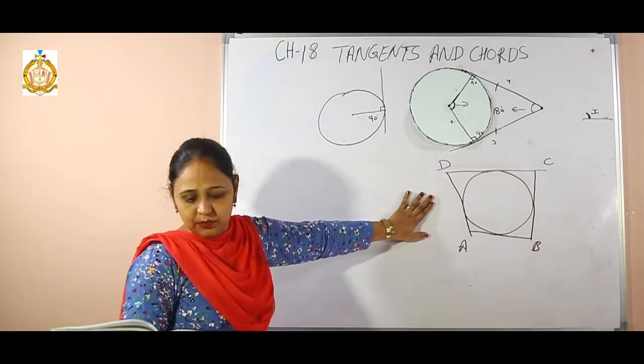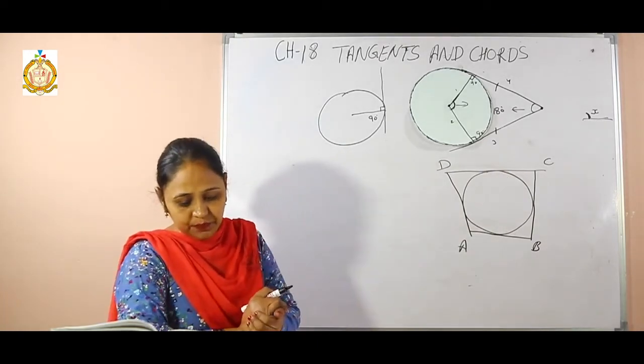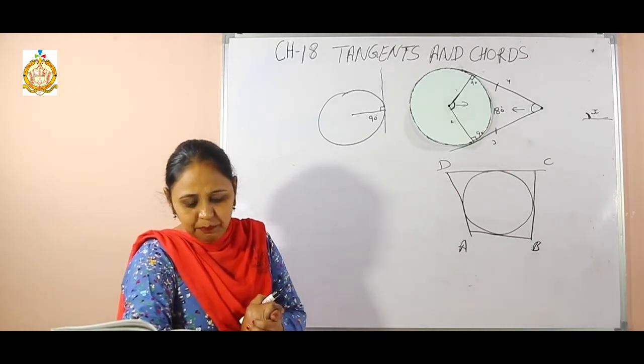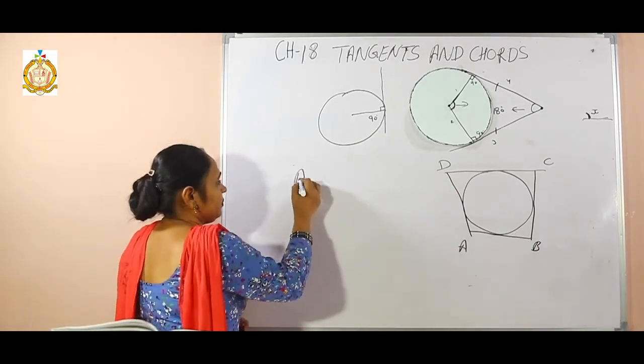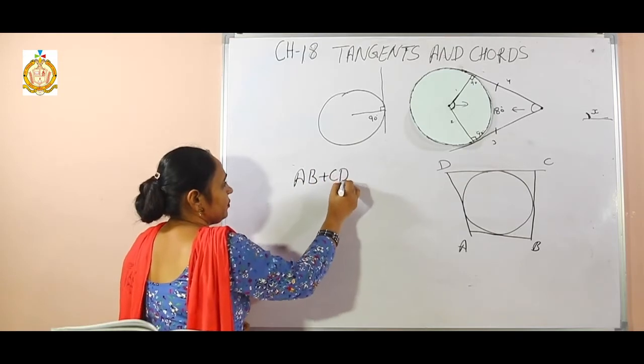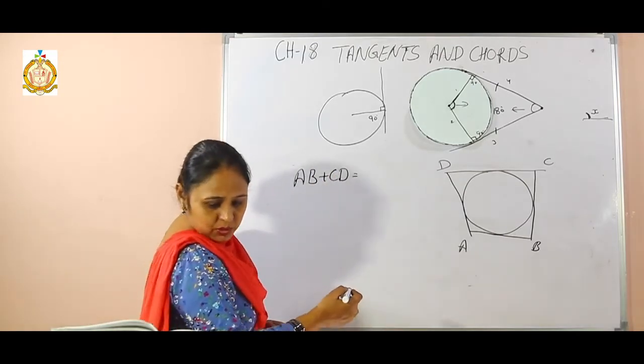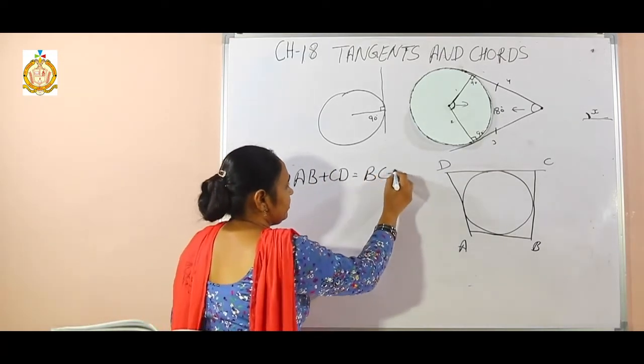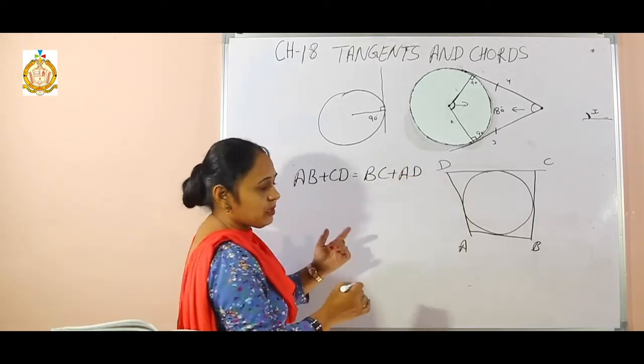This is the given figure. And he asked, we have to prove AB plus CD is equal to BC plus AD. This we have to prove.